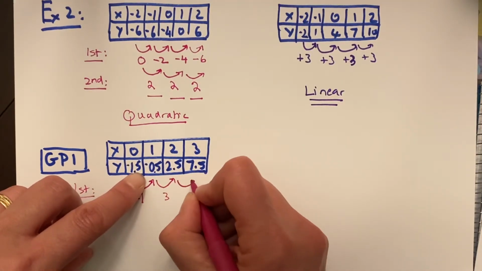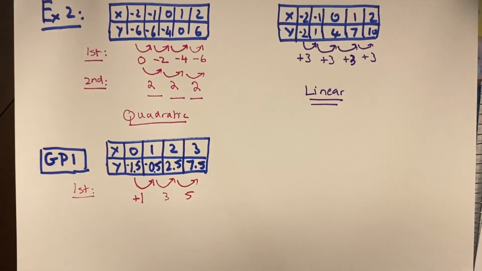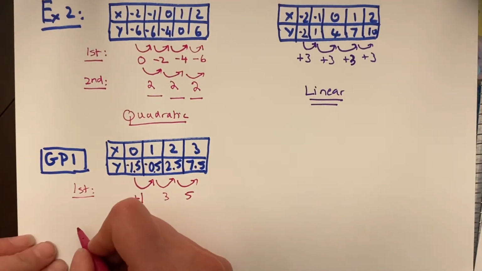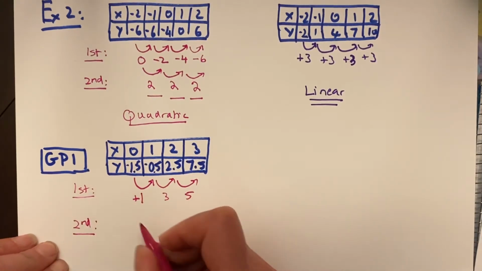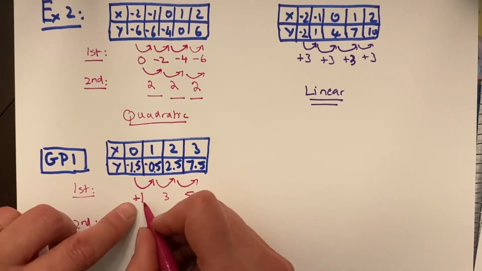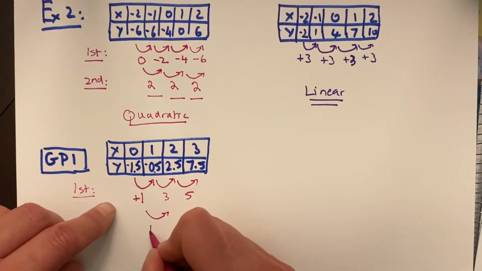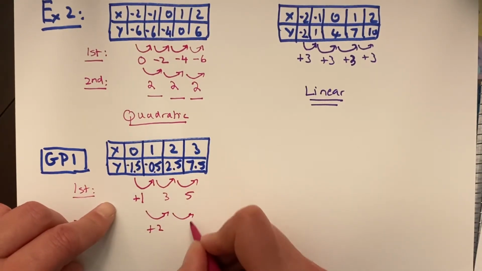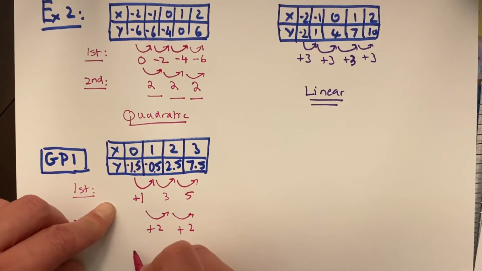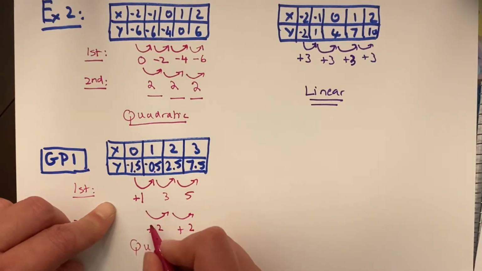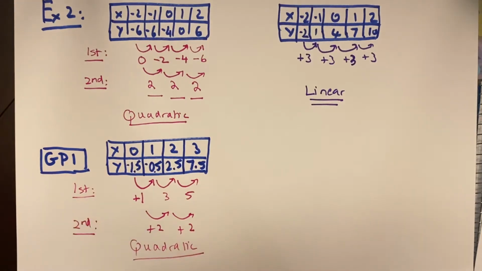And 2.5 plus 5 will give us 7.5. So that's the first difference. Let's look at the second differences. 1 plus 2 is 3, and 3 plus 2 is 5. And we can show right here through the second differences that this has to be quadratic because the second differences are consistent.